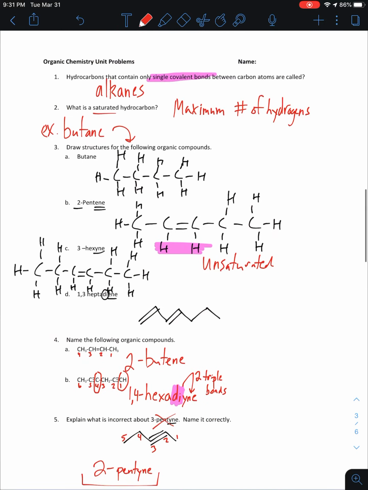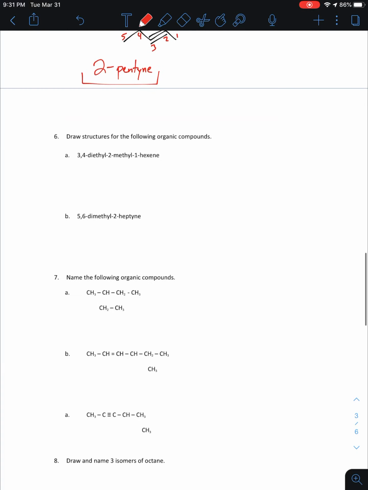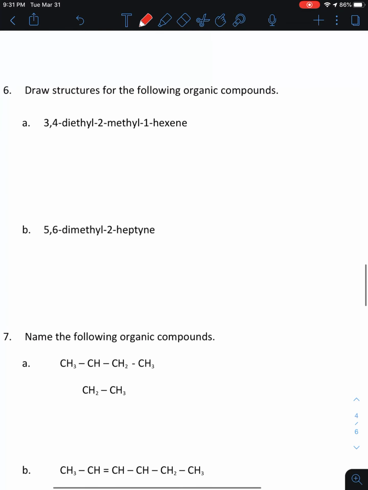Okay. Let's see. All right, so initially when I see these names, the first thing I'm looking at, the first thing you should be looking at, is what is the basis for this molecule? And the hex right there implies that we have 1, 2, 3, 4, 5, 6 carbons.